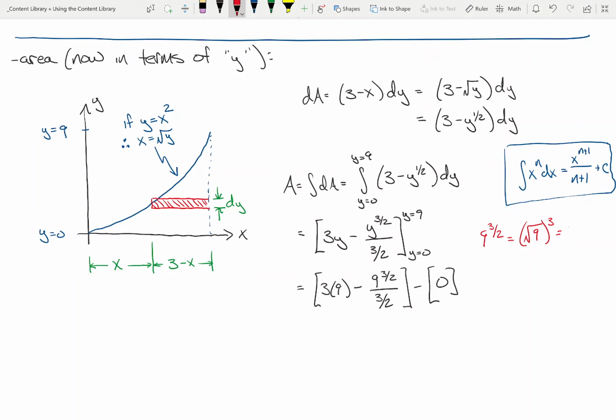So that's 27, right? So this is going to be 27 minus 27 times 2/3, or 27 minus 18. Isn't that what we got before? Isn't that a way of testing whether or not your definition works?